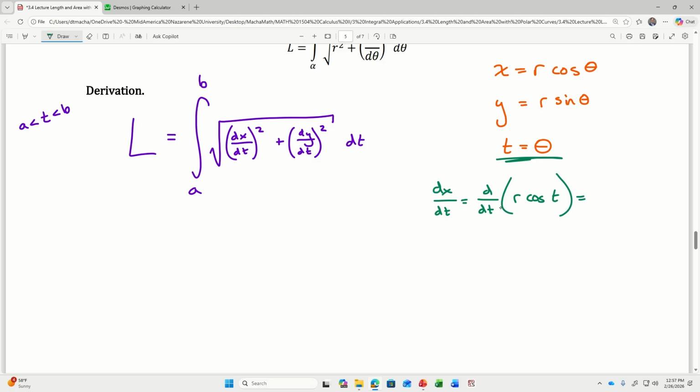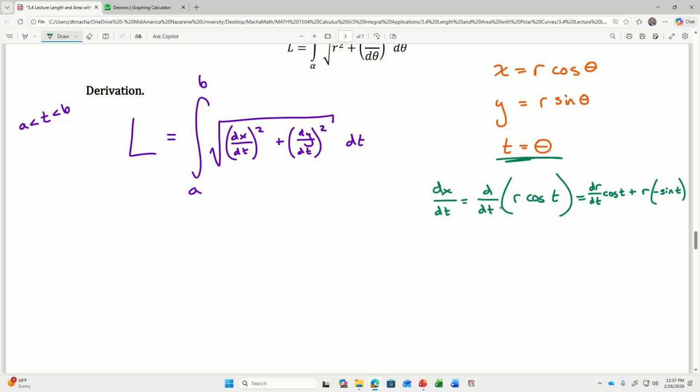And so the derivative product rule says, first we want the derivative of the first factor, dr dt, times the second factor, cosine of t, plus the first factor, r, times the derivative of the second factor, which is negative sine of t.